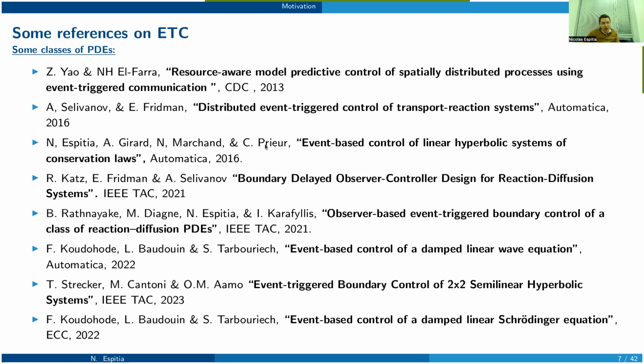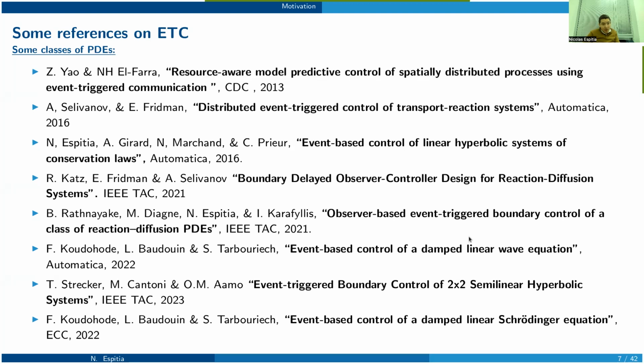And you can find already several contributions, for example, event-triggered in-domain control for reaction diffusion PDEs, the works by Anton Selivanov and Emilia Fridman. You can have a look at event-triggered control for linear hyperbolic systems using Lyapunov techniques and dissipativity conditions at the boundary, event-triggered control based on modal decomposition, observer-based design, LMI-based event-triggering conditions, extensions to nonlinear PDEs, and also to other classes of PDEs like the Schrödinger equations.